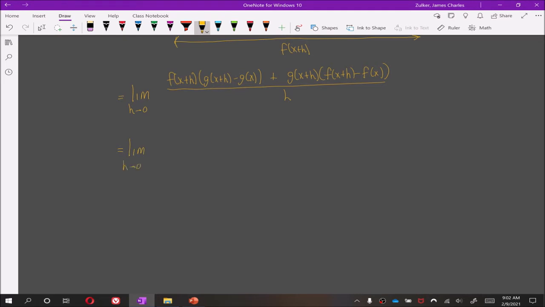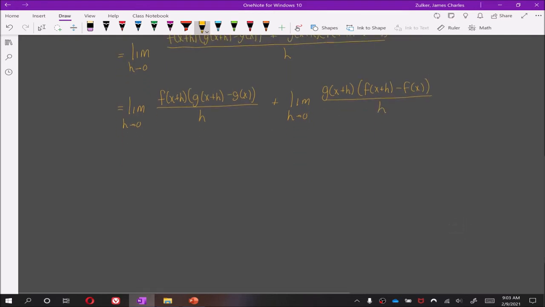We can now write this as two limits. Each of these limits can be written as a product of limits.